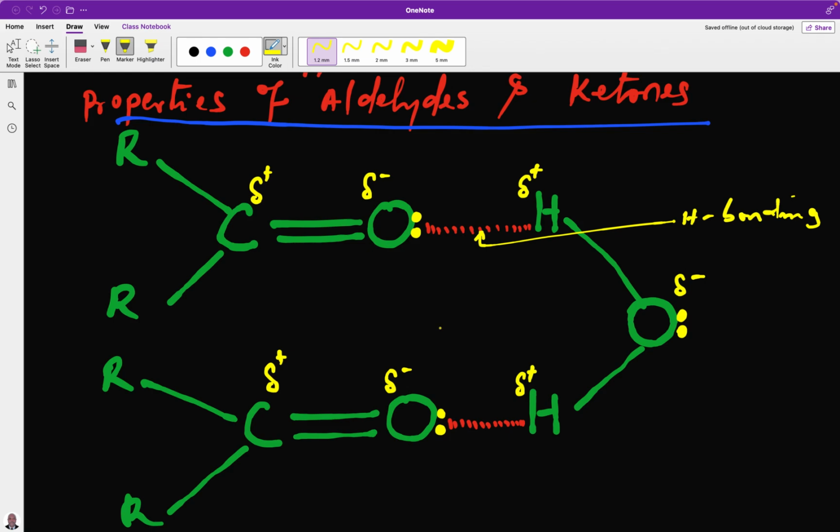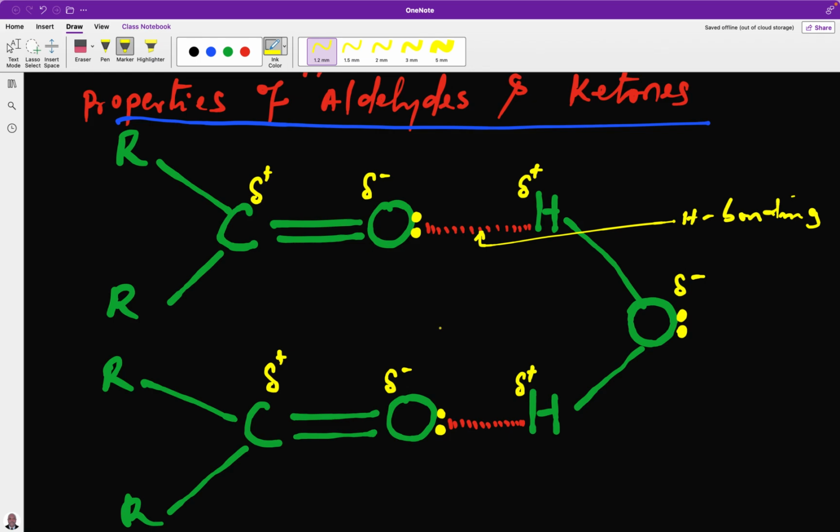So generally, because of the polarity of the carbonyl group, ketones and aldehydes are very soluble in water. They are very soluble in water because of their polarity and because they can form intermolecular hydrogen bonds with water molecules.